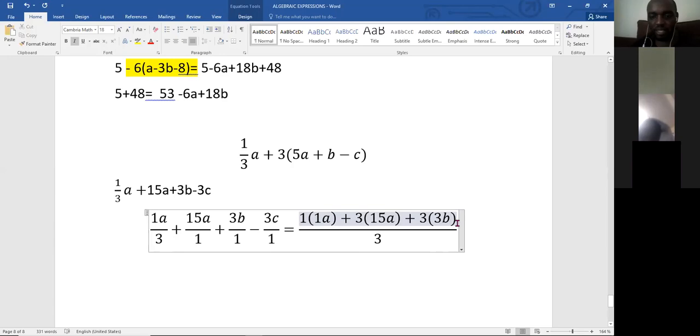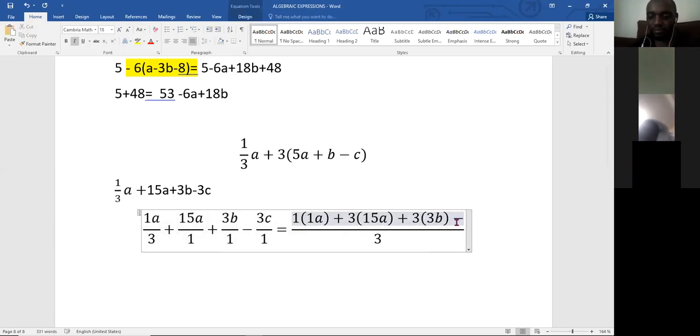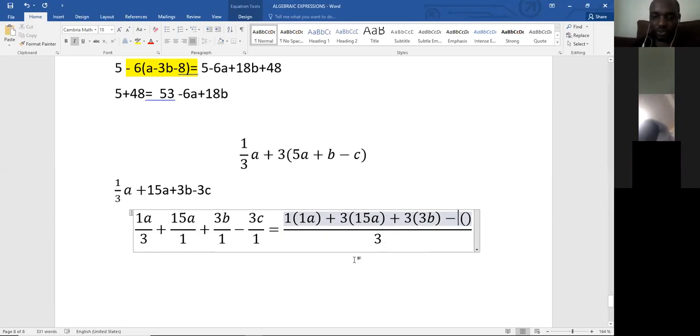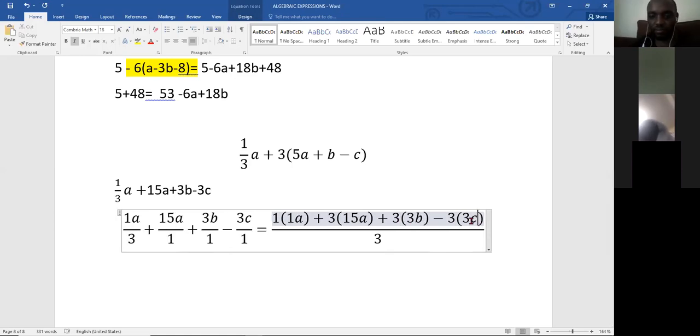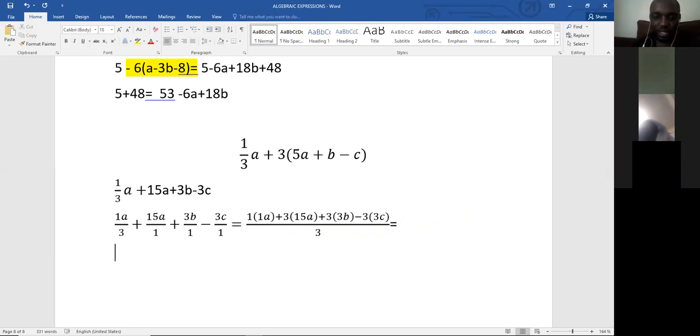Then here there is a minus. So 3 again, 3 divided by 1, which is 3. So here I multiply by 3c, equals, then I can enter here.